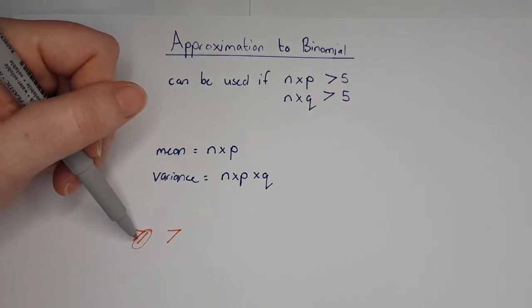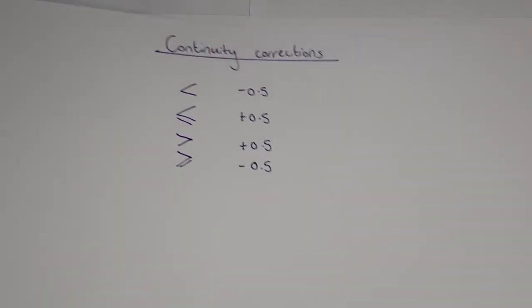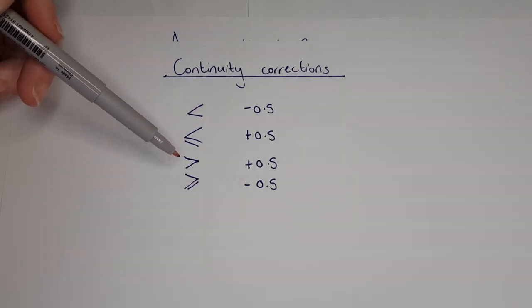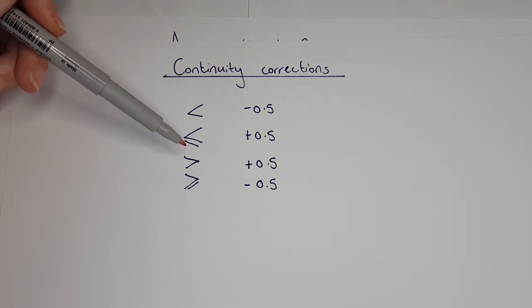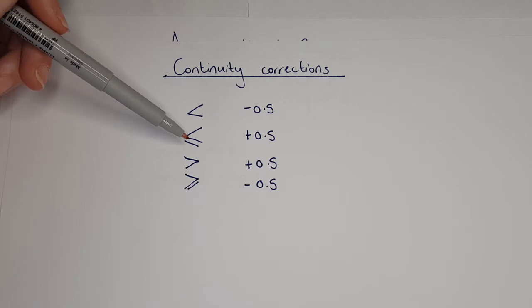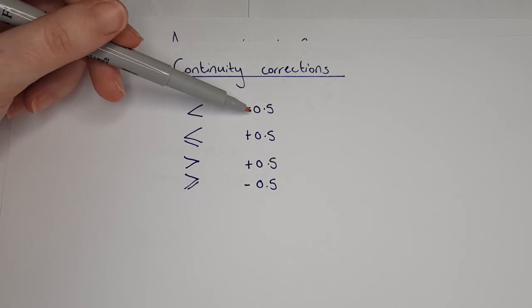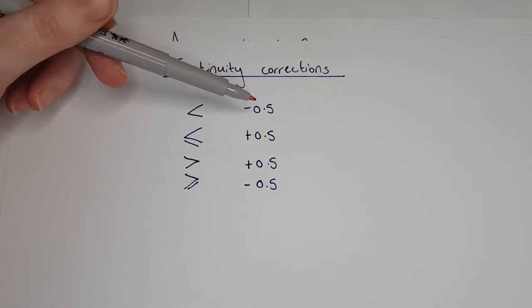Because of that making a difference, what we have to have when we're doing an approximation is what we call a continuity correction. The continuity correction is just a change to our total number whenever we have a difference in signs, because we need to see what happens when we've got that including equals to part. If I have something that is less than, I am going to minus 0.5 from my value of x that I'm looking for.